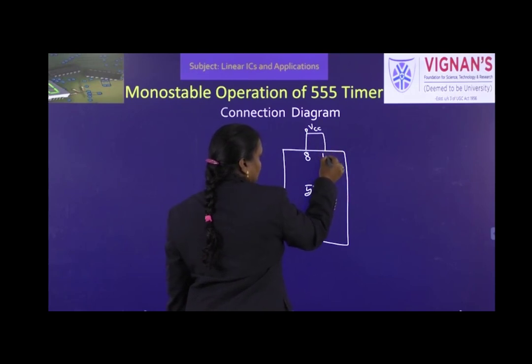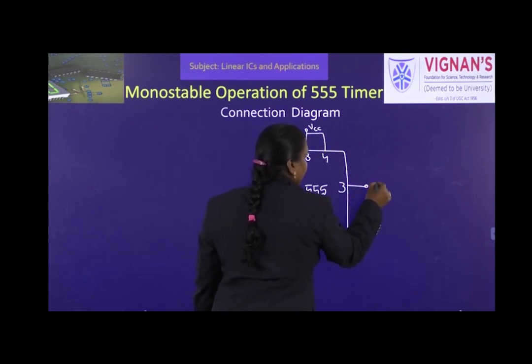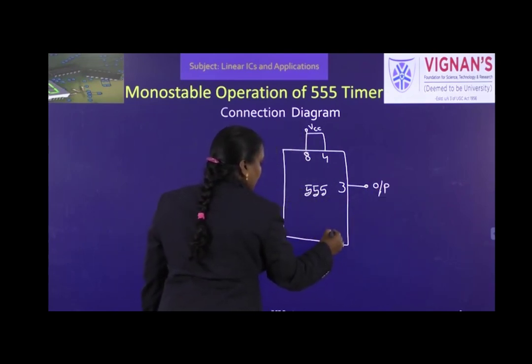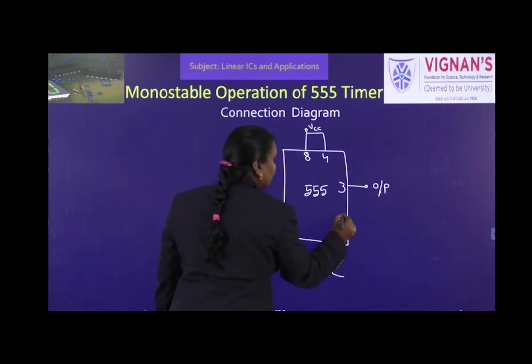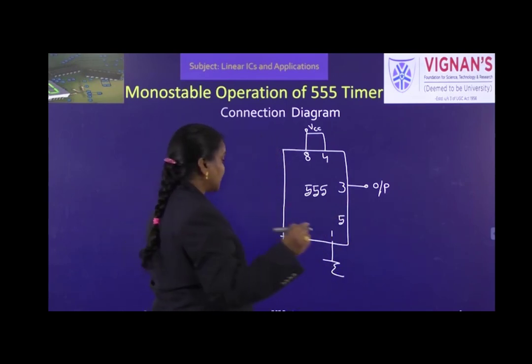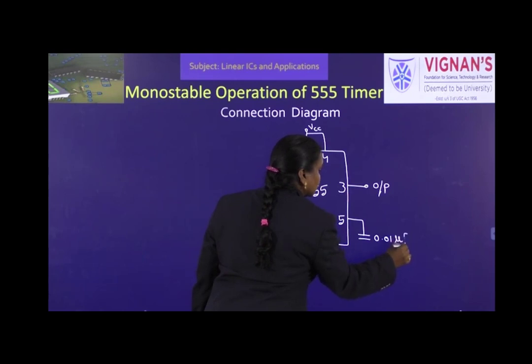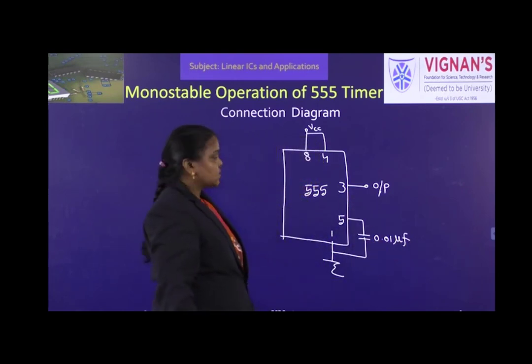So 4th pin is the reset, and that is also given to supply. And at 3rd pin, you are taking the output. 1st pin, ground. And 5th pin, when you are not using the control voltage, it should be connected to ground through a 0.01 microfarad capacitor to bypass the supply ripples.